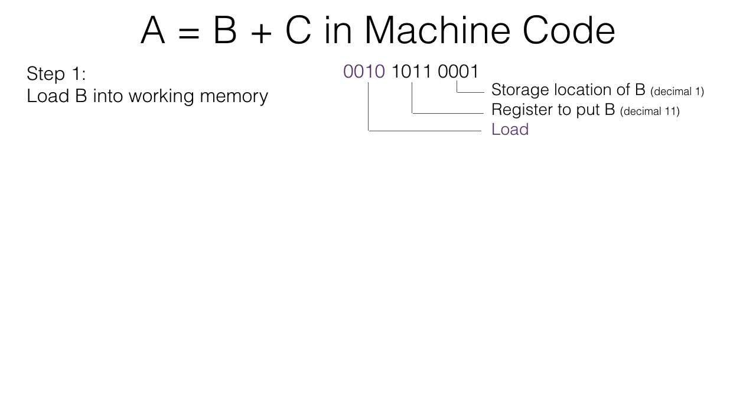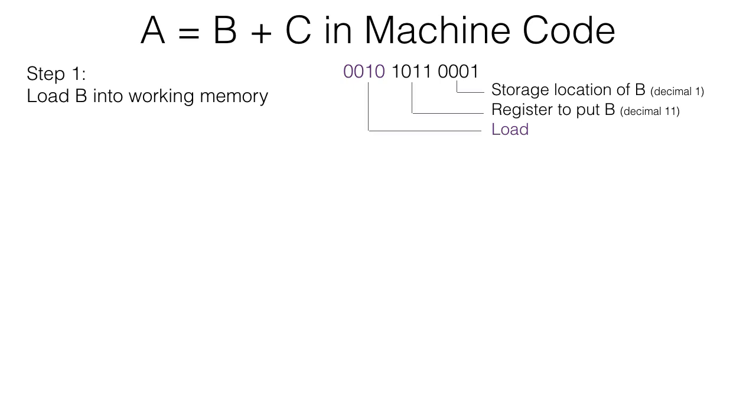The second one is going to say, all right, this is the register where we need to put B into. So this is the working memory. It needs to be the register's address. That's an address. And if you go to the last 4 bits, this is the address of where B is currently stored in memory.